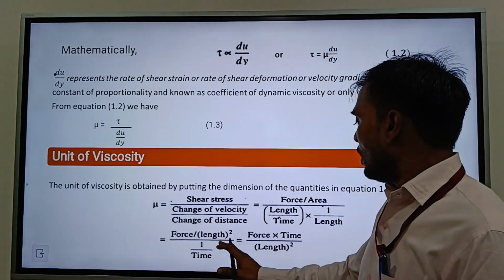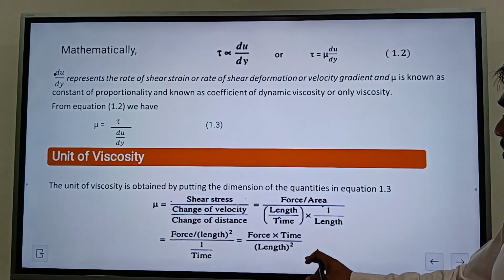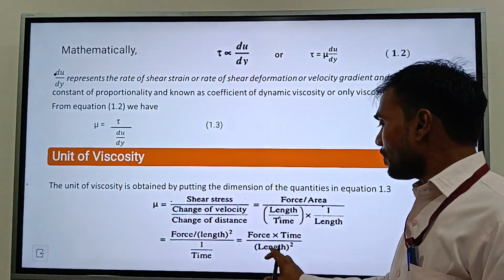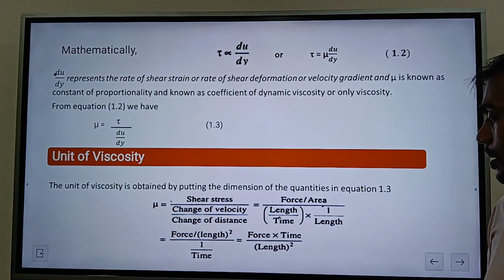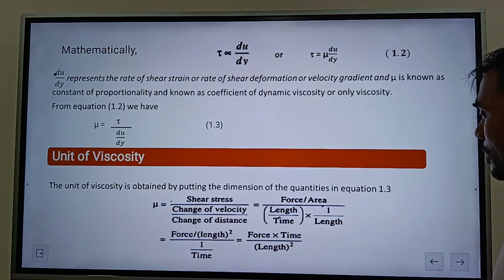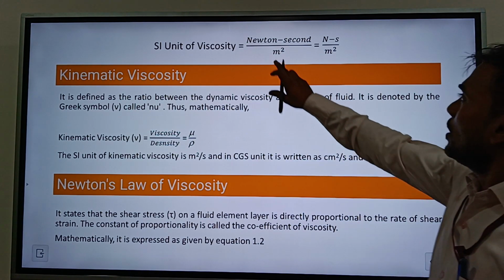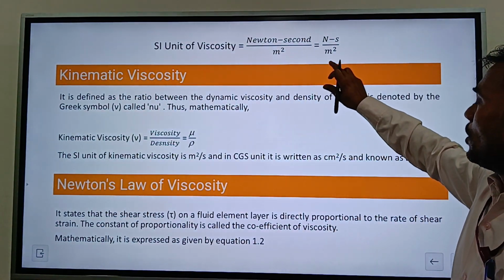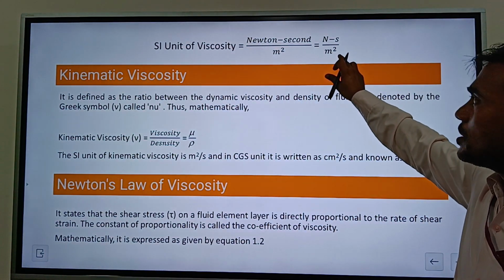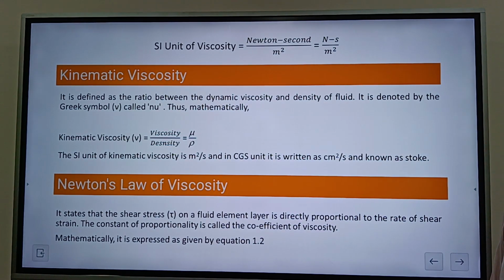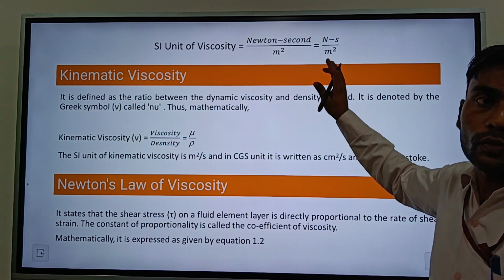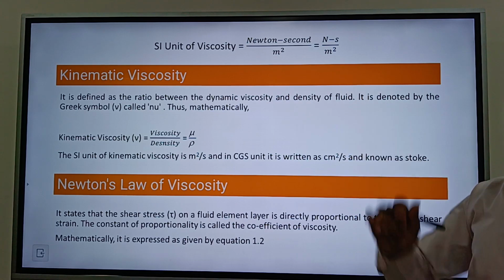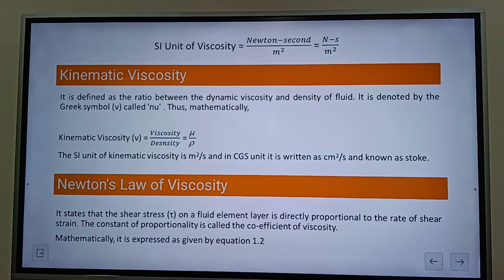If we finally simplify it, then the final value of mu will be force into time divided by length square. Everyone knows the basic units of these parameters. So the final unit of mu will be Newton second divided by meter square, or Newton second per meter square. Okay, so this is the unit of the coefficient of viscosity or dynamic viscosity.